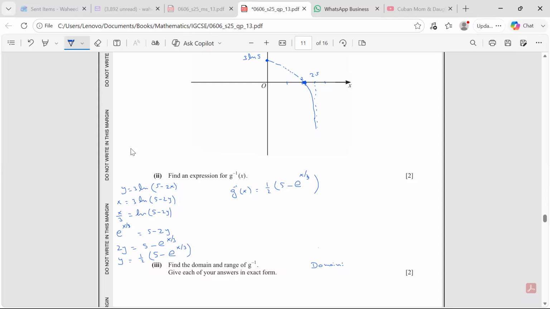The range you can see is below this point. So for the domain, I would say that x is less than or equal to 3 log 5. Any value of x less than or equal to 3 log 5 is in the domain of this function.